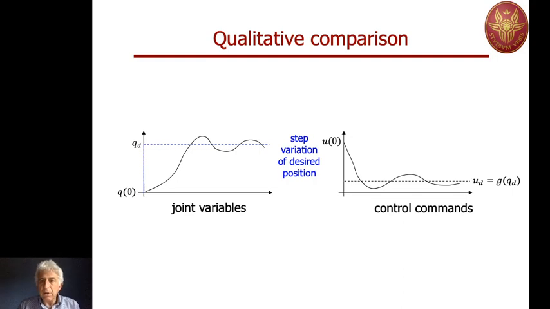At the same time, the control commands initially will be very large and then only eventually accommodate to the final desired value, which is the one that compensates gravity at the destination.